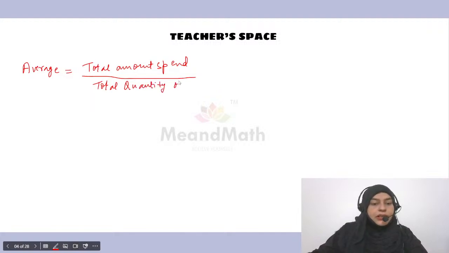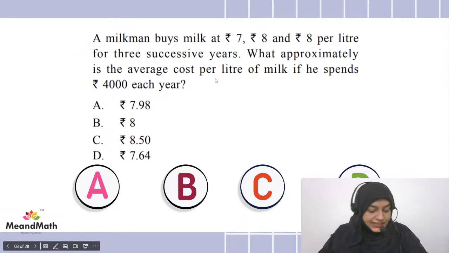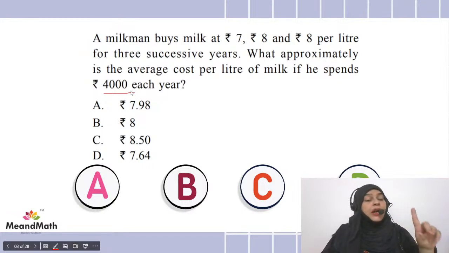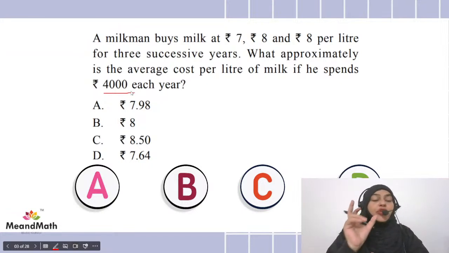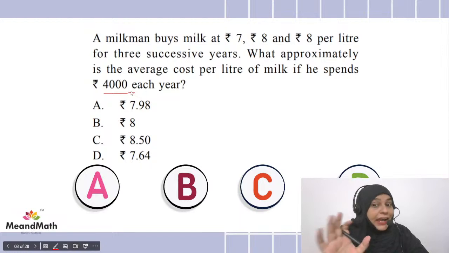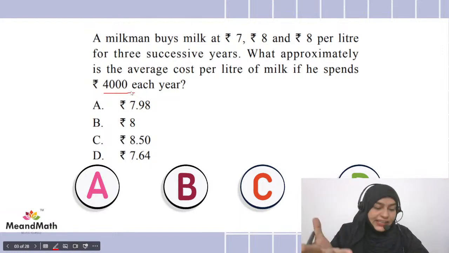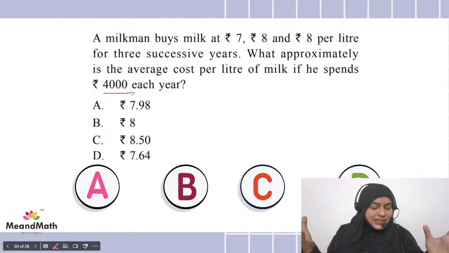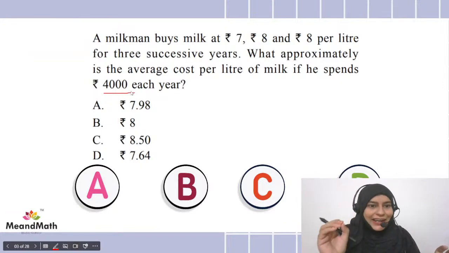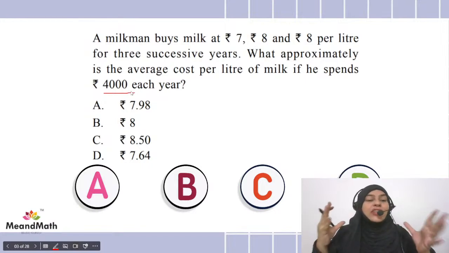So here in this question, how will we find the total amount spent? 4,000 rupees for 1 year, and they are asking for 3 years, right? So it's a simple case of multiplication. What do you think? If he spent 4,000 for 1 year, then how much did he spend for 3 years?